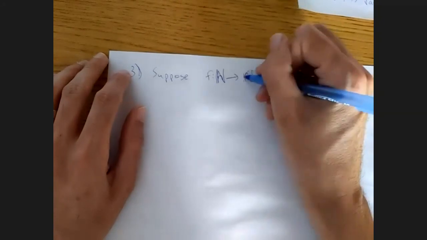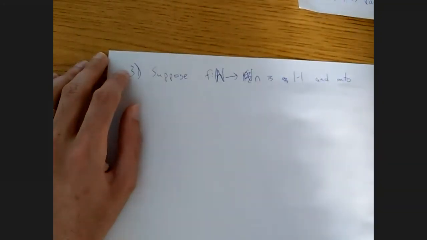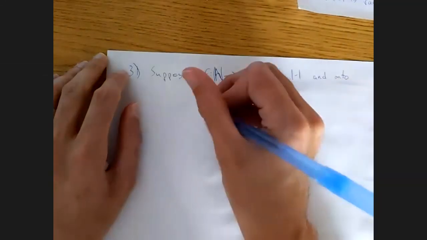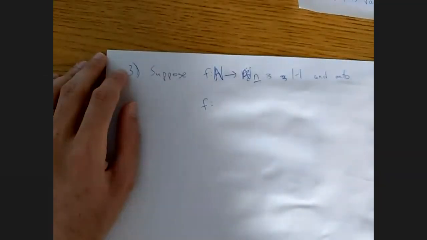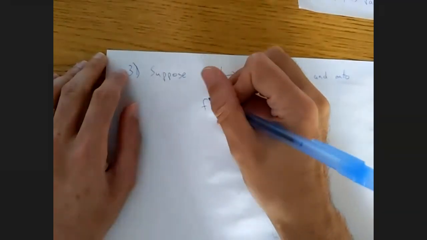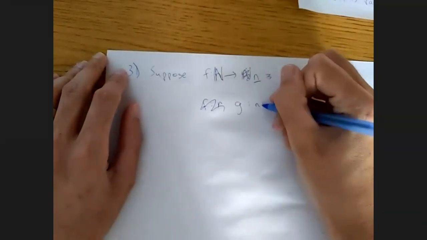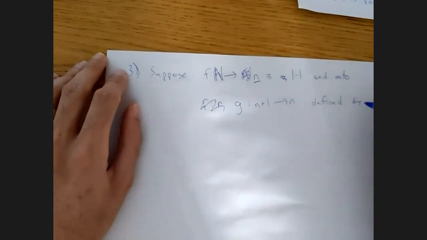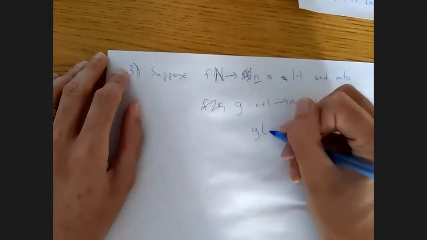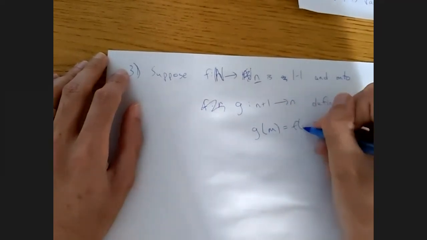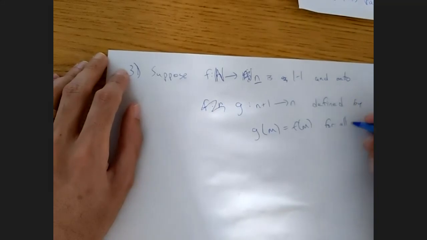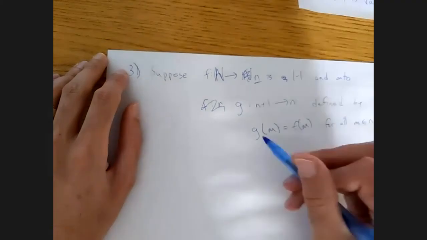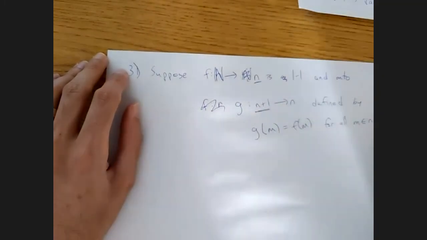So I have a one-to-one and onto function. Now look at the function, let's call it g, from n plus 1 to n, defined by g of m equals f of m for all m in n plus 1. In other words, g is just the restriction of f to n plus 1.